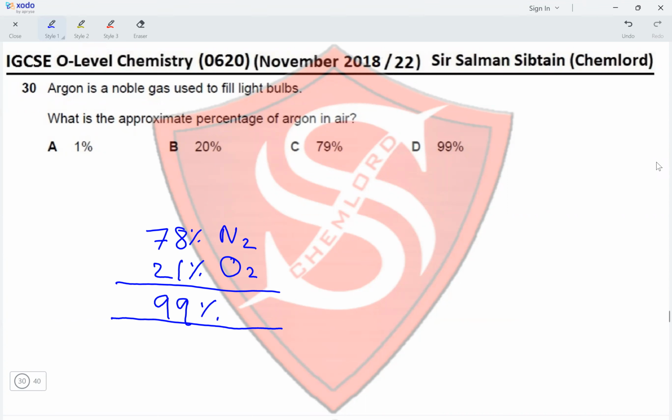So we are only left with 1% of air, out of which argon is the major quantity. The options available are 1%, 20%, 79%, and 99%. So this makes option A the correct option for this question.